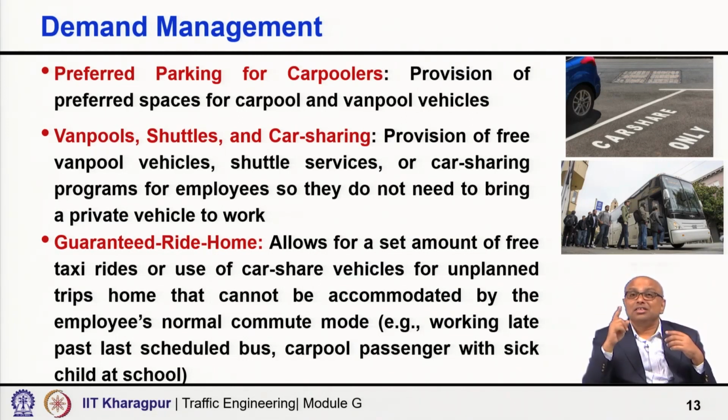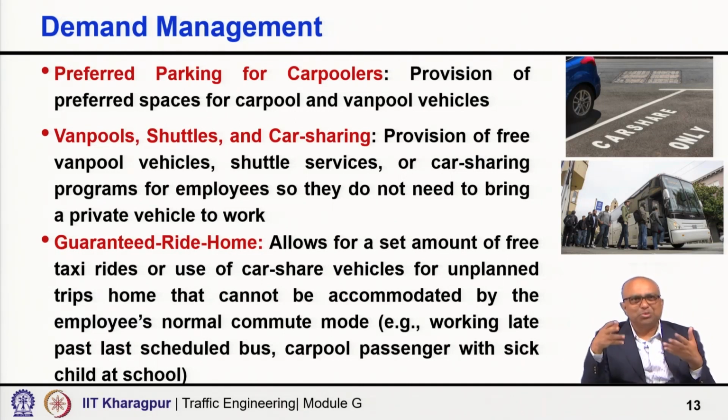Then guaranteed ride home, this is again another interesting concept. Allow for a set amount of free taxi rides or use of car share vehicles for unplanned trips home that cannot be accommodated by the employee's normal commute mode.